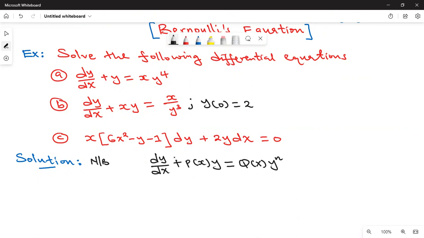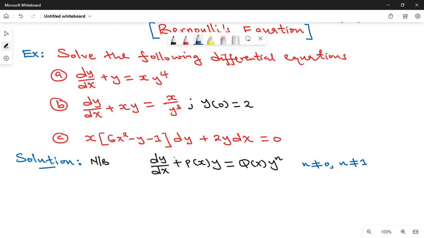Because when n is equal to 0, the equation is linear, and when n is equal to 1, the equation is separable. So we require that n is not equal to 0 and n is not equal to 1.